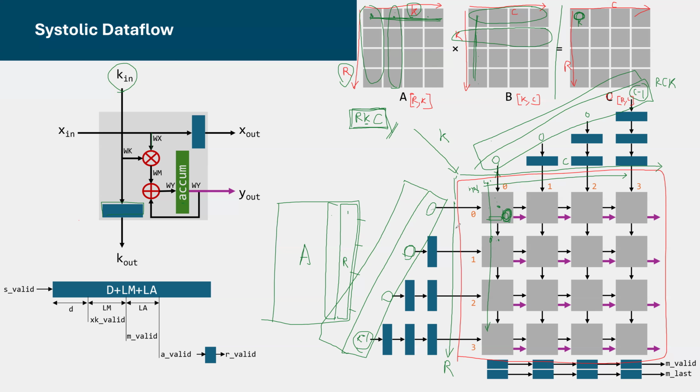When the second one reaches there, this one has gone through this register and is now available over here. So this value from here and this one both meet in the second clock cycle and they get multiplied and accumulated.